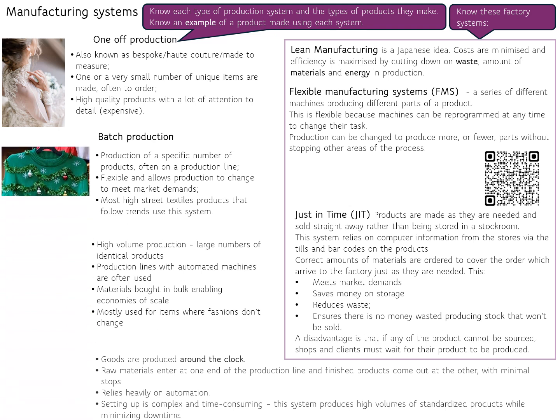Batch production is for products that happen to be changed regularly during the year. So seasonal products, I've put an example of a Christmas jumper here, but there's certain things that we only buy at particular times of the year because of the weather or because of festivities.